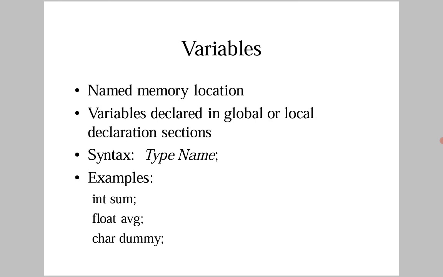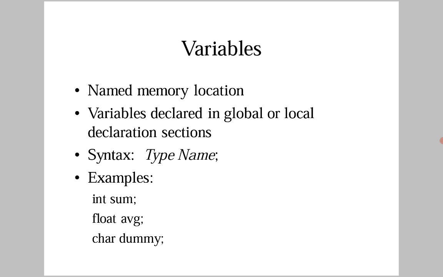So what are variables? Variables are generally named memory locations. In a program, when you refer to any memory location by giving it some name, that name is called a variable. Variables are declared as global or local declarations.